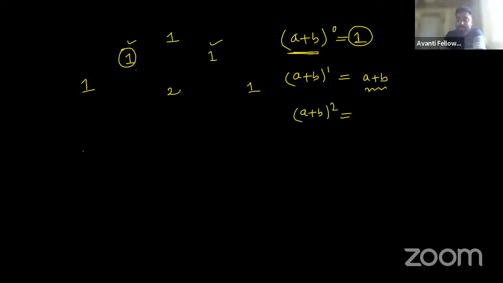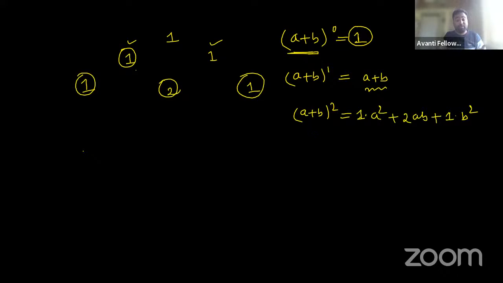I'm writing all the unknown terms first: a square, ab, and b square. Now write all the coefficients: 1, 2, 1, right? So 1 into a square plus 2 into ab plus 1 into b square. Now see, the expansion of a plus b to the power 2 is a square plus 2ab plus b square.